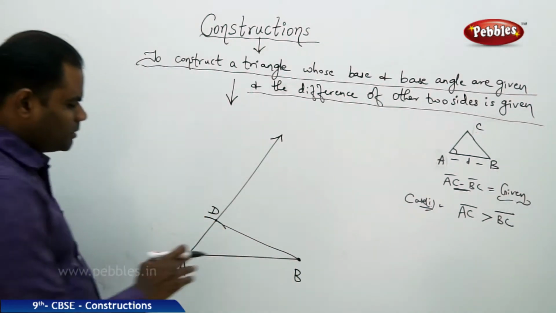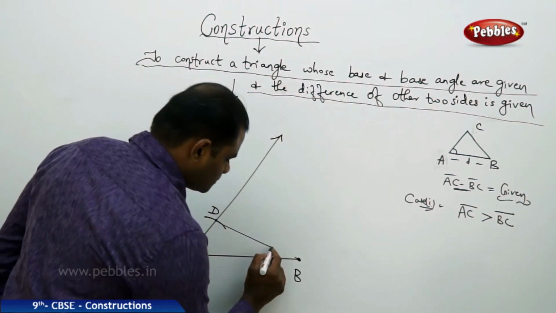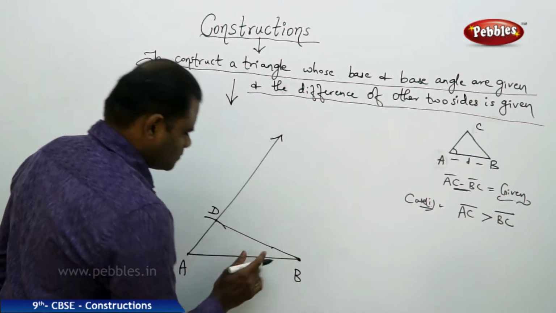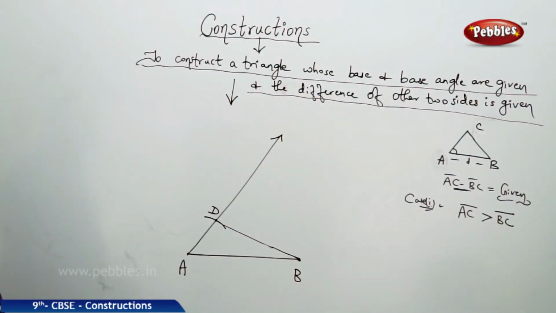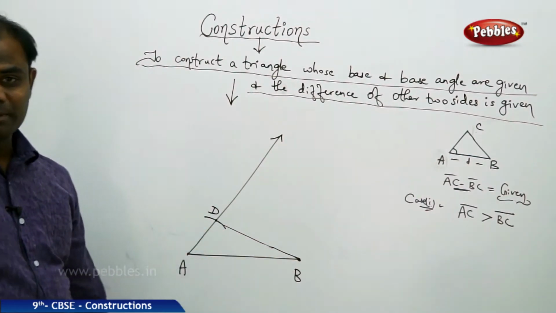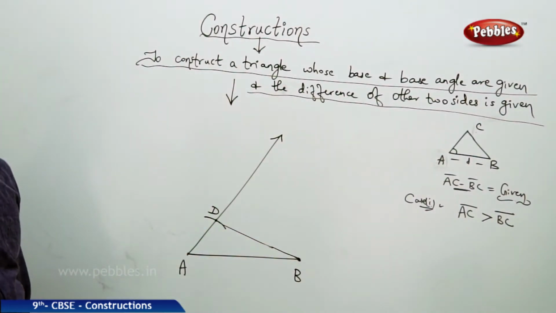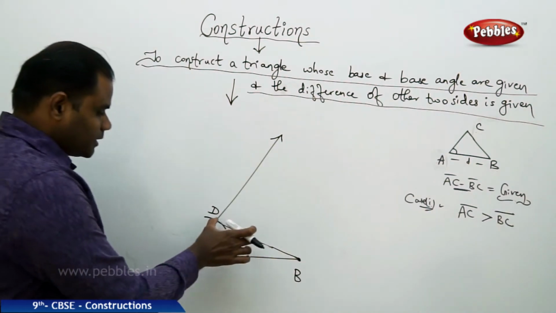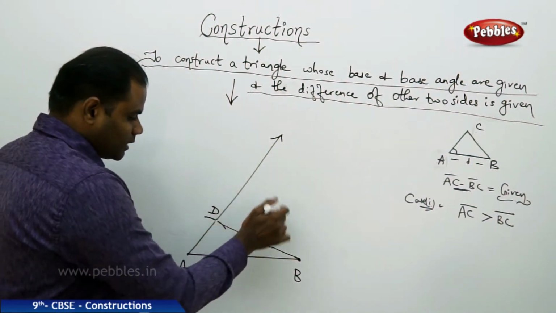So after I join BD, I get a straight line which is like this. So for this line BD, I draw the perpendicular bisector. We all know how to draw the perpendicular bisector. Take the pointer, take more than half and cut an arc.